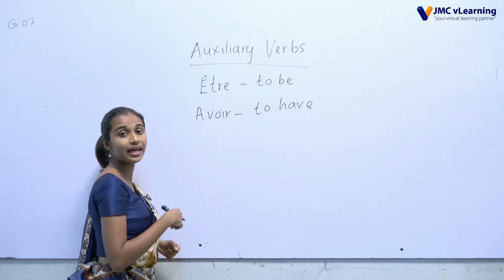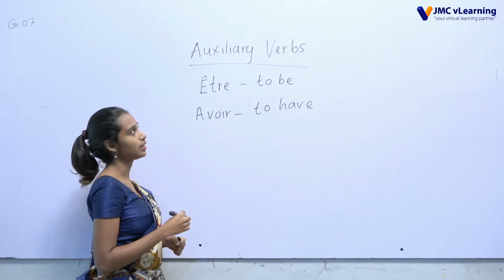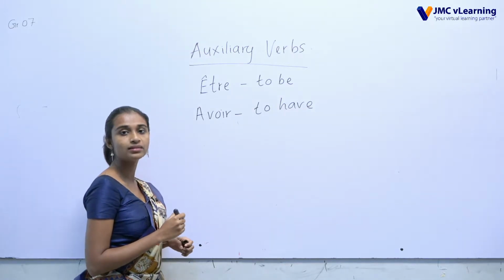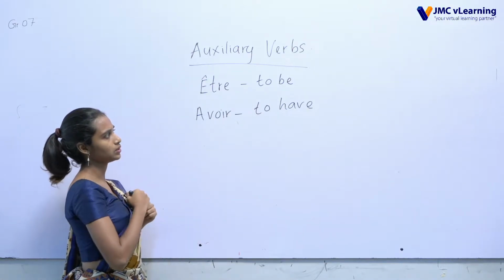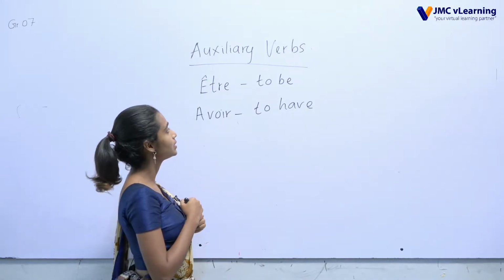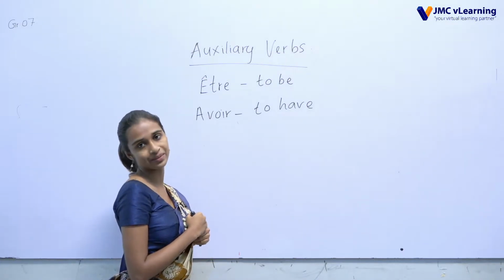What is it? Être and avoir. Once again, être and avoir. Right. So now we are going to learn how to conjugate these two verbs according to their subject pronouns.